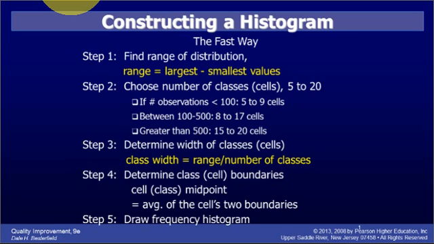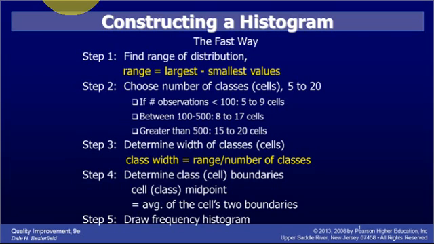After you choose the number of cells or classes, then we can determine the width of the class. So the class width equals the range divided by the number of classes. And from steps 2 and 3, we can determine the boundaries for each class.